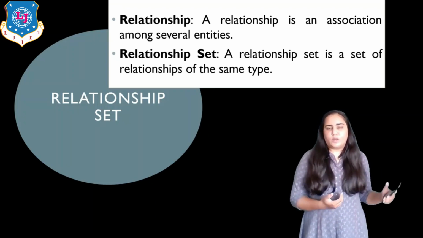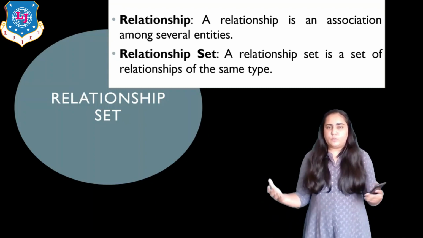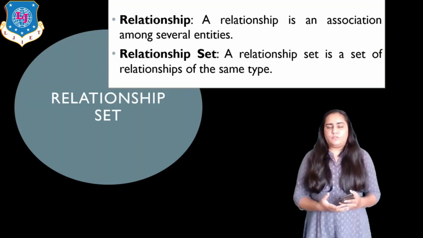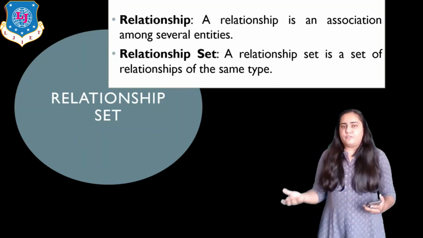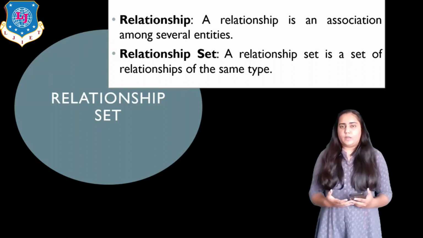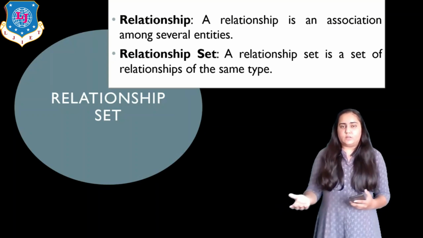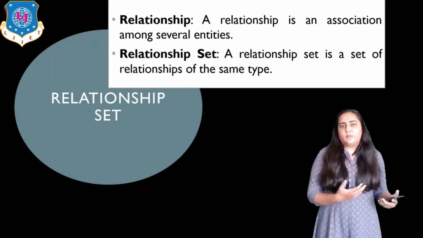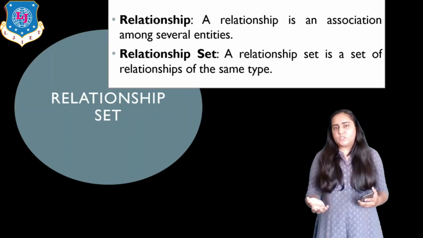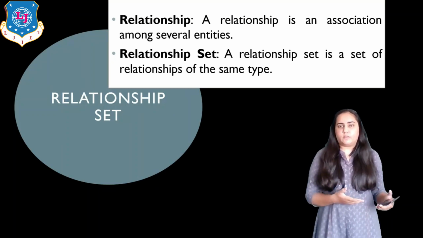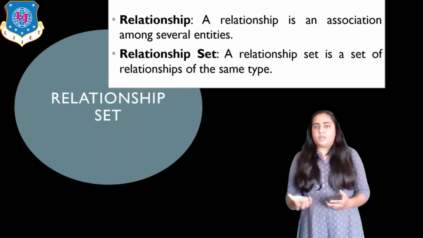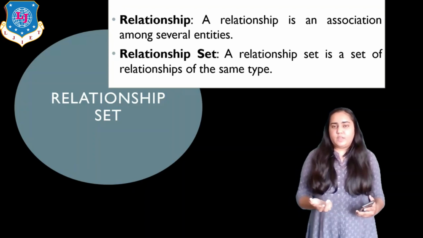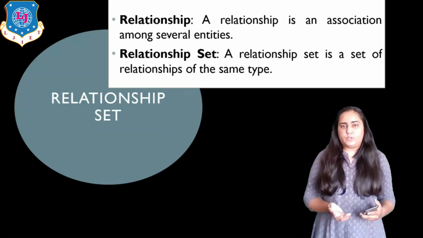So if you have one entity and another entity, and you want to relate them, for example, there's a student and there's a professor, and you want to relate them by saying that this professor teaches this student, then you would say that that's a relationship between the professor and the student. So it's an association among those two. And a relationship set is nothing but a set of such relationships.